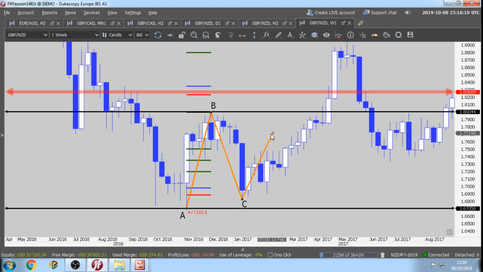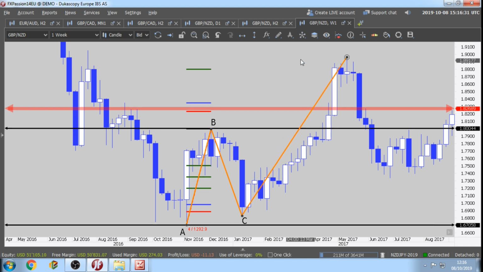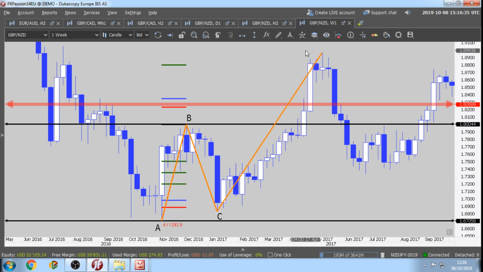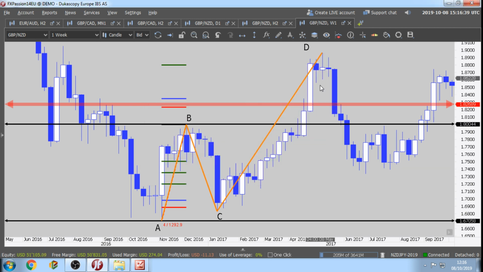Well, the market went up until here, hit the projected D extension, but by rule the D extension must be a high. So our high is up here. And this is the first A, B, C, D swing on the weekly chart, on the GBP NZD.